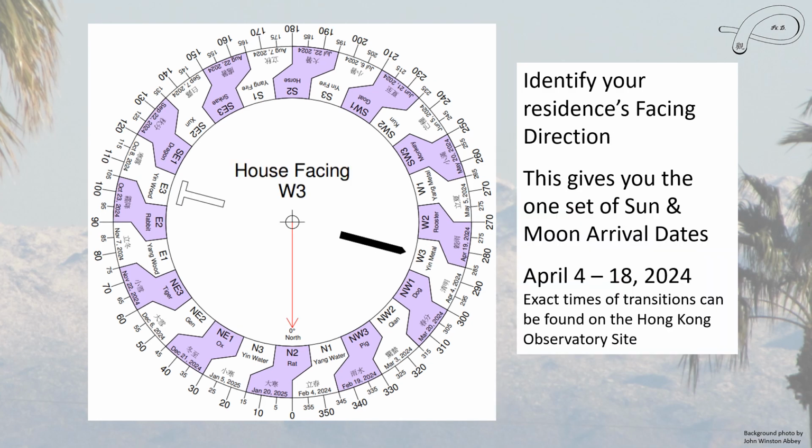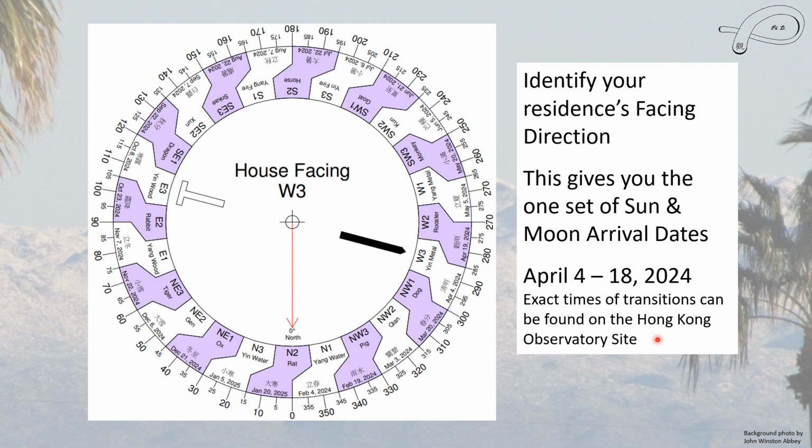The first thing to look at is your house facing. Let's say this house faces West 3. So it faces here. This gives a date, April 4th of 2024. That's the start. Now, it does not start at midnight. The exact transition time is noted on the Hong Kong Observatory site.